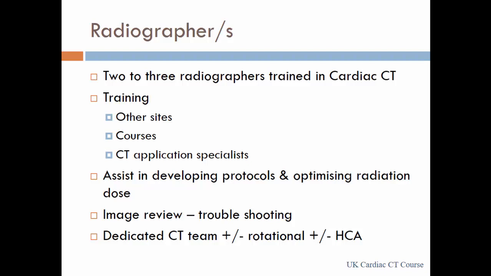When you either buy a new scanner or you are developing a new service, you can call them, and they will train the radiographers as well as show us the doctors how the scanner does the cardiac CT scans. The radiographers can also attend courses like how you have come here, or they can go to other sites performing cardiac CT to learn how that particular scanner's cardiac CT is performed.